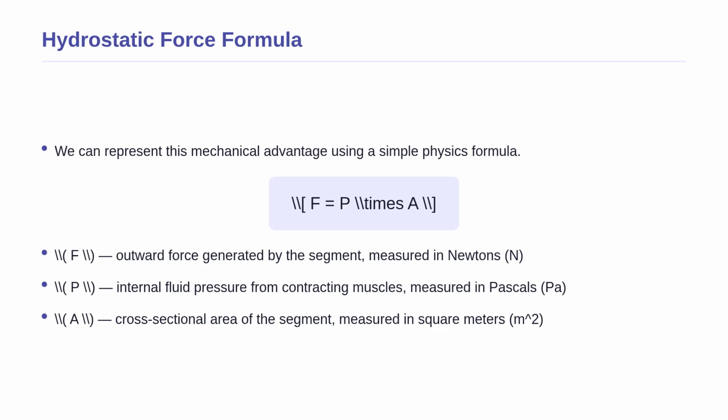P stands for the internal fluid pressure created by the contracting muscles, measured in pascals. Finally, A represents the cross-sectional area of the worm's segment, measured in square meters. Conceptually, this tells us that the pushing force depends directly on how hard the muscles squeeze and how thick the worm is. If the internal pressure increases, the burrowing force proportionally increases.